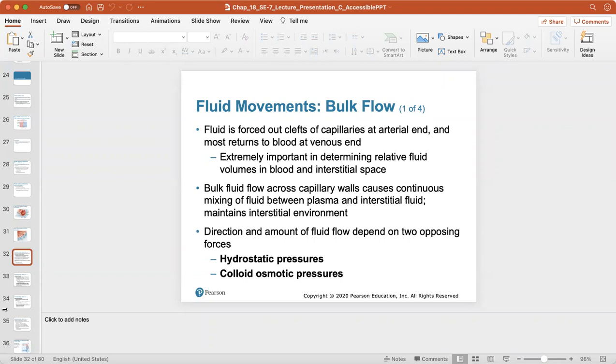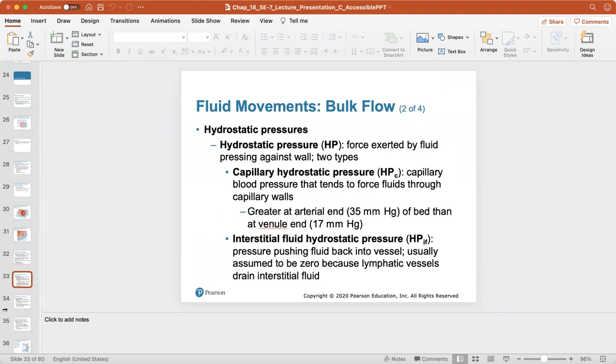Bulk fluid flow across capillary walls causes continuous mixing of your fluid between plasma and the interstitial fluid. This maintains the interstitial environment, and the direction and amount of fluid flow depends on 2 opposing forces: hydrostatic pressures and colloid osmotic pressures.